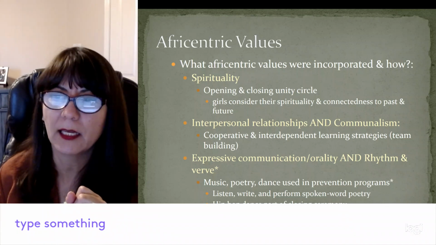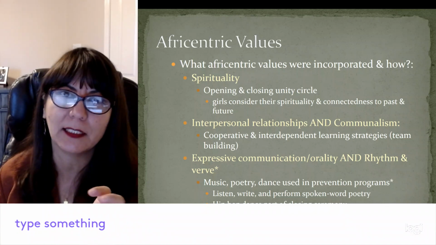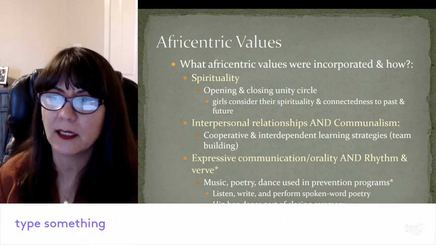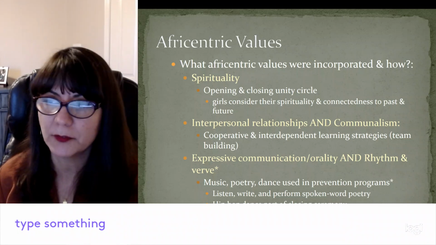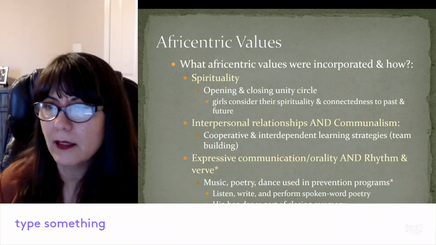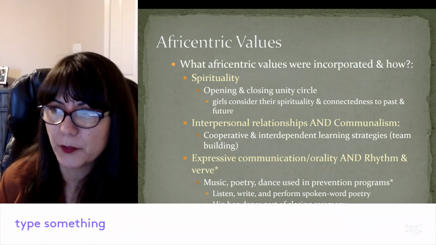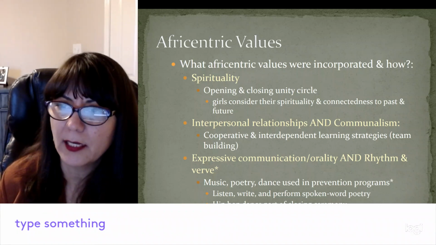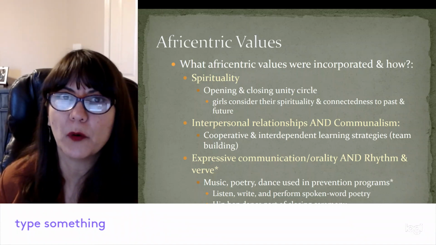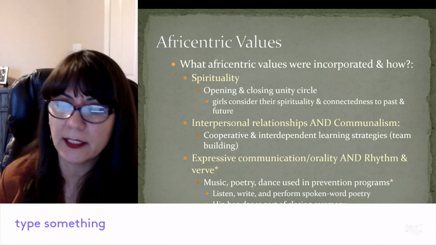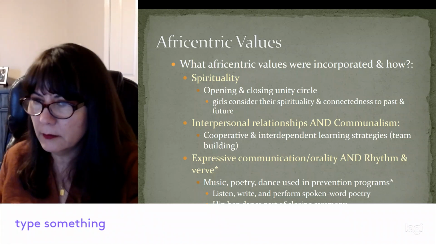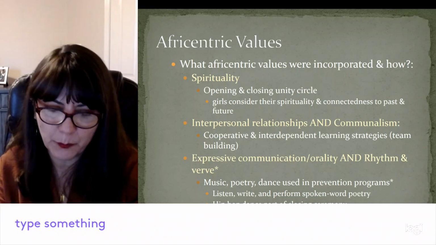So they had these opening and closing ceremonies, or unity circle is what they called it, to promote interpersonal relationships and a sense of communalism. They had the girls engage in cooperative and interdependent learning strategies that included things like team building.